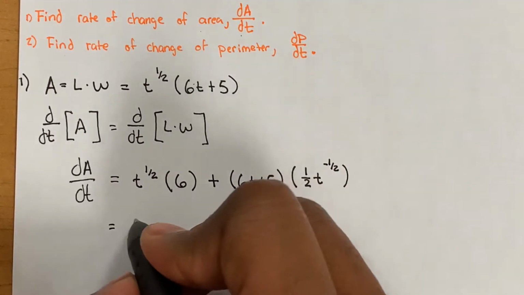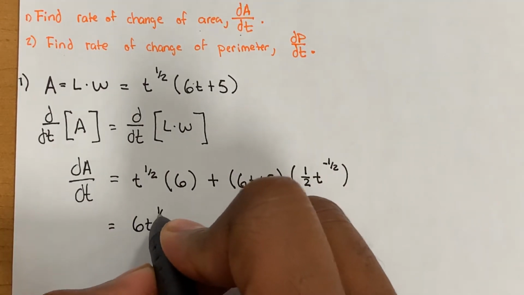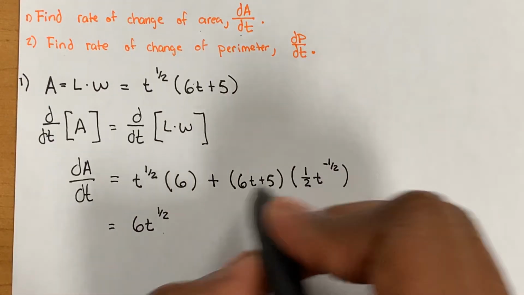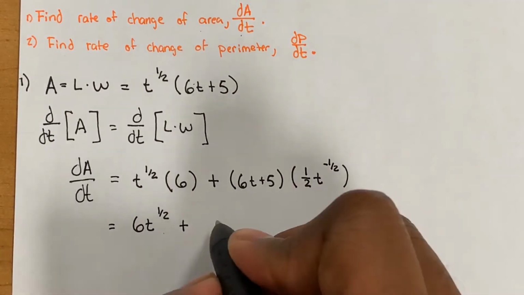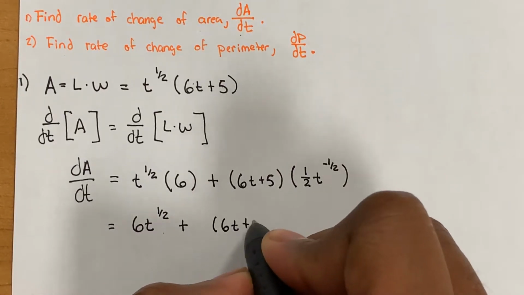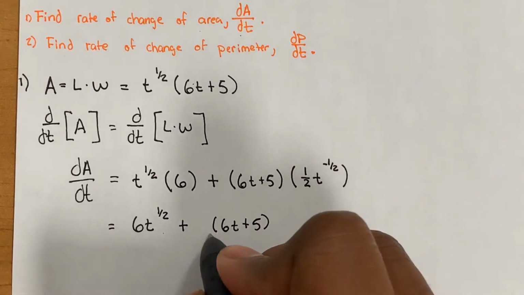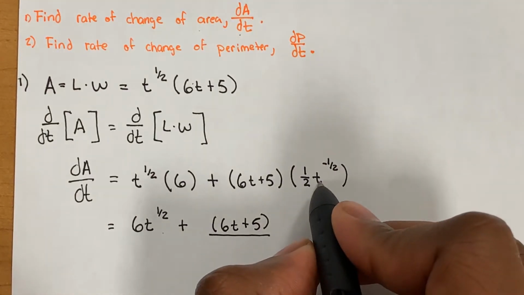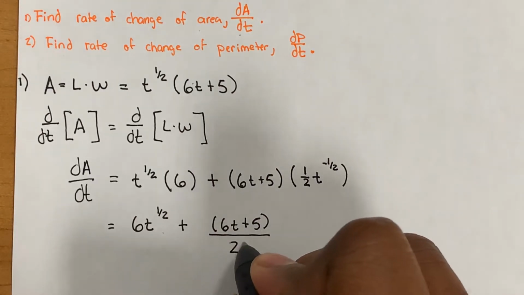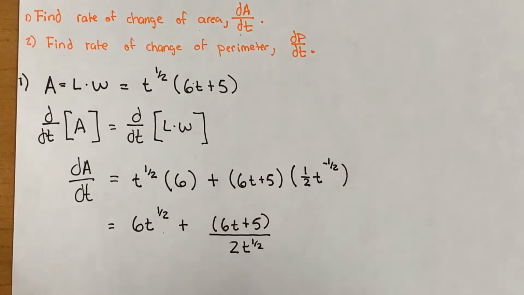And when we simplify this, we get 6t to the 1/2 plus, we'll just put all this on the bottom. So we'll have 6t plus 5 over, so the t to the negative 1/2 is going to move to this denominator. So we're going to have 2t to the positive 1/2 power.